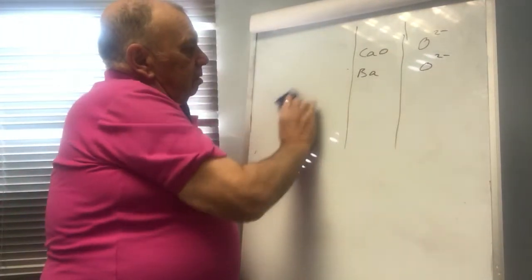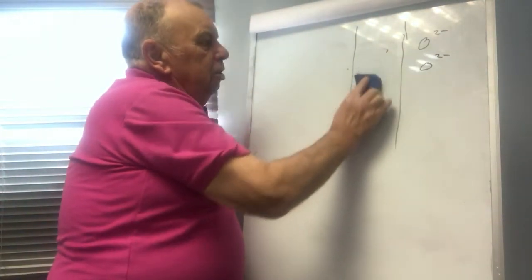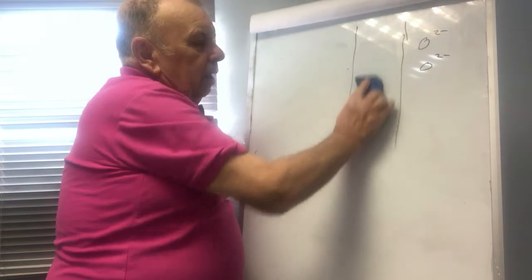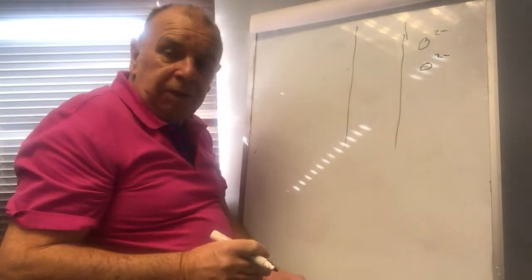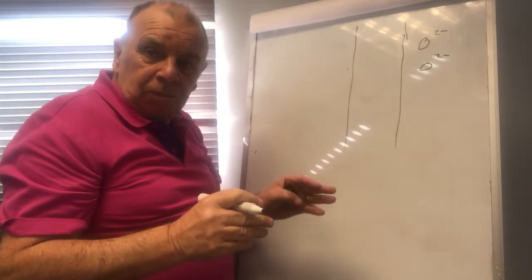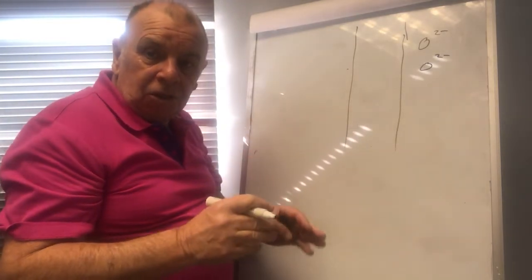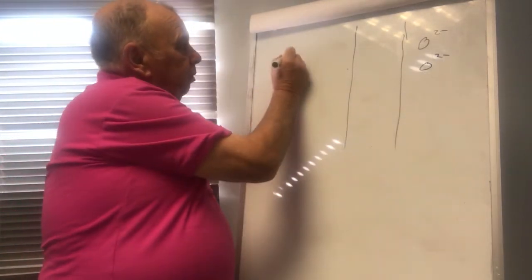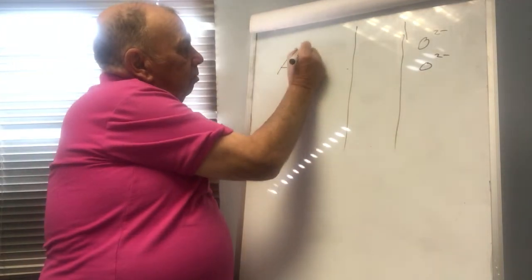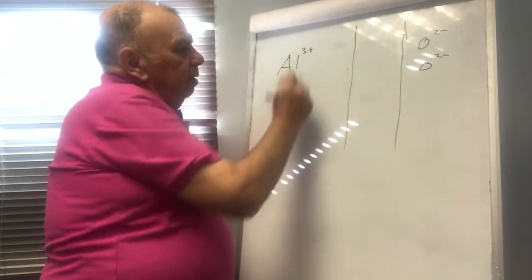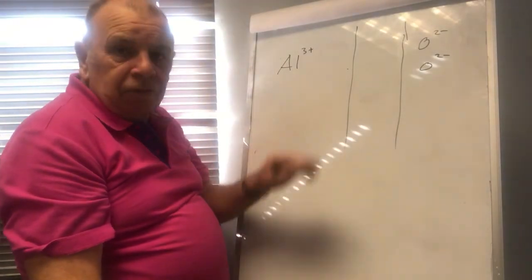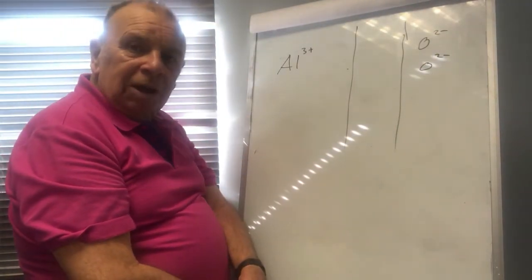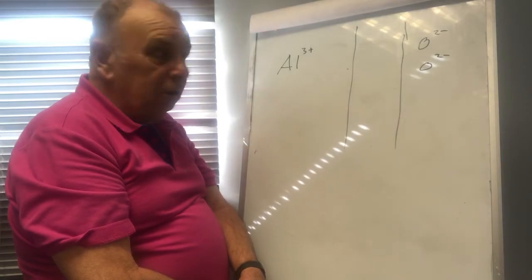Let's take another example. Aluminium. Aluminium is found in group 3, and when it forms cations it's going to be Al3+. This is more difficult. What is the formula of aluminium oxide?